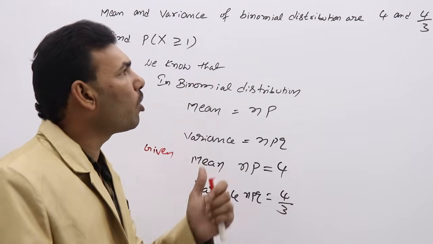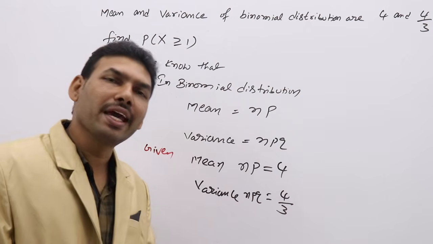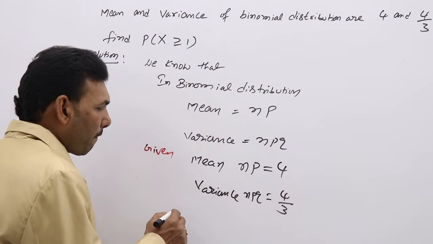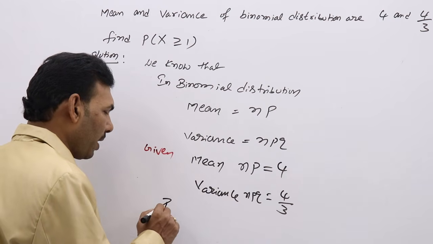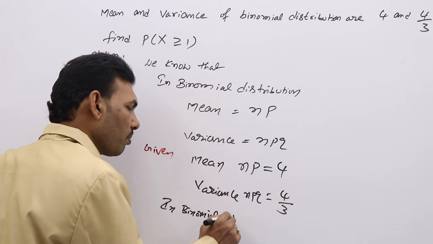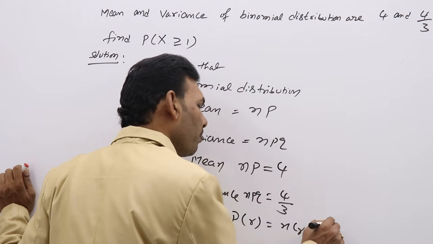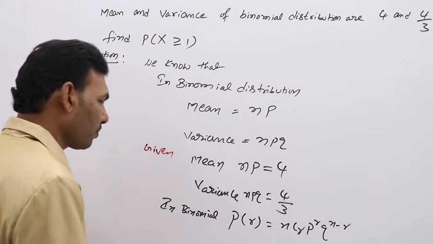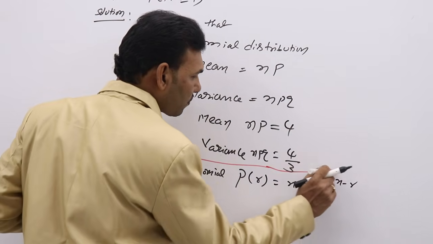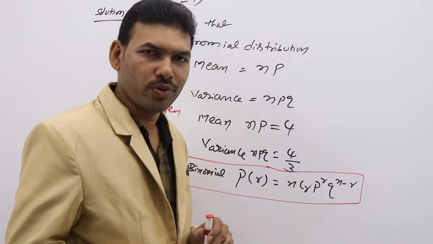So to find any probability in binomial distribution, we need to calculate 3 parameters: n, P, Q. So for that we have to evaluate n, P, Q values.